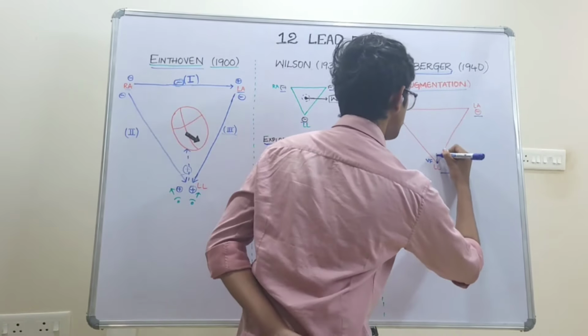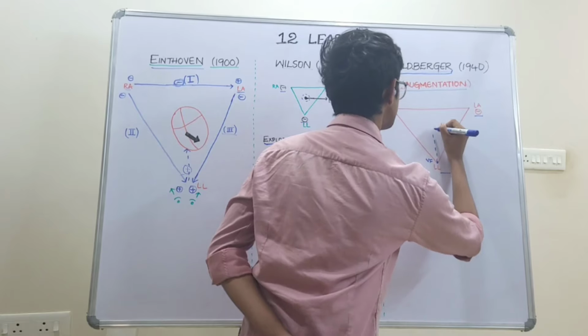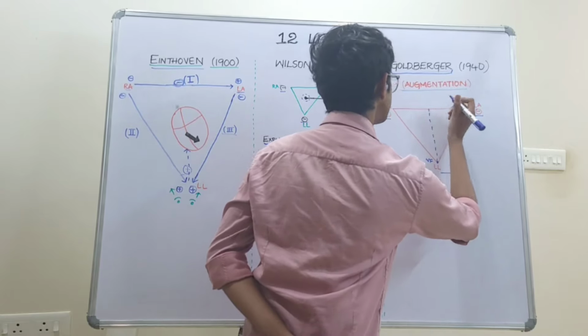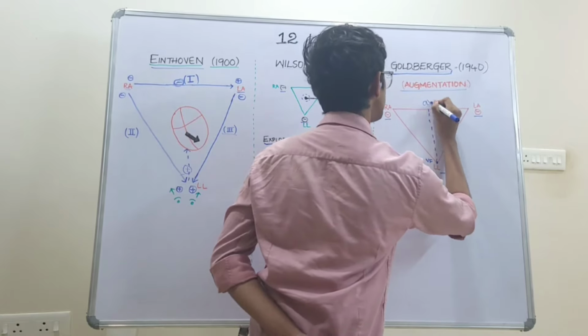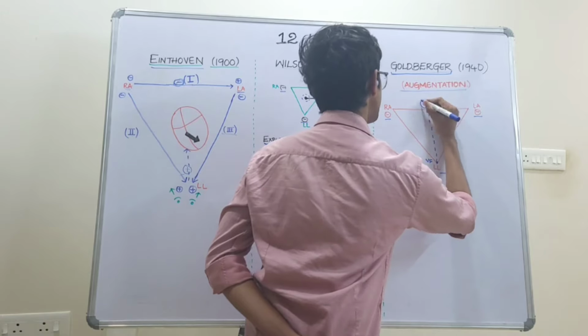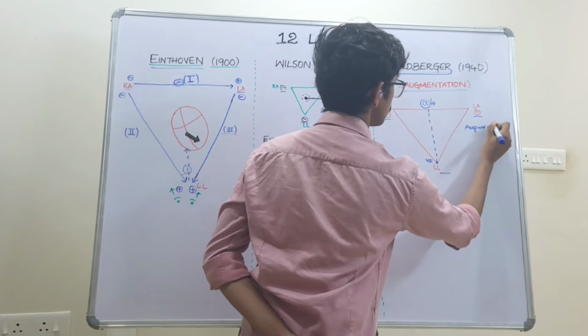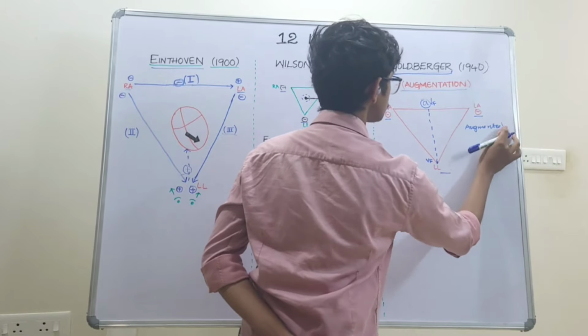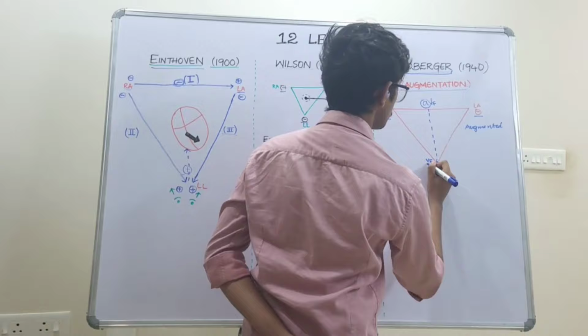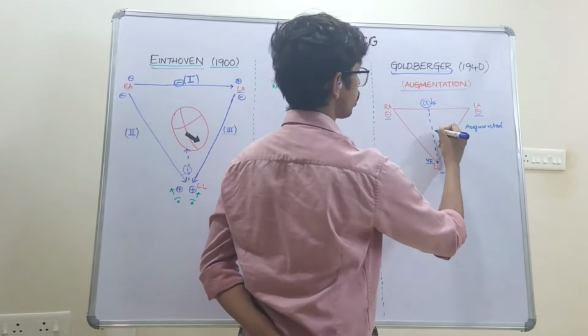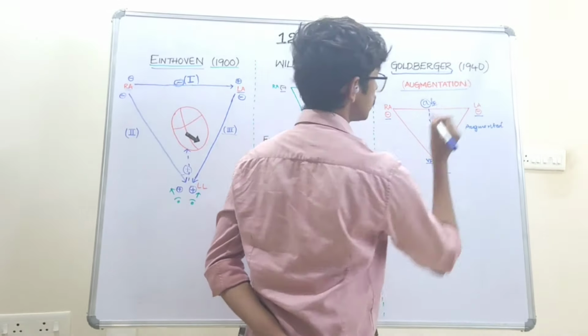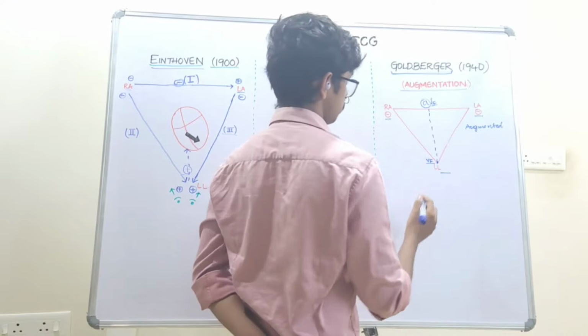The new lead will look at the center of these two leads, and this new lead is called AVF. A denotes augmented, and VF denotes the positive electrode which is measuring the potential difference against a virtual electrode.